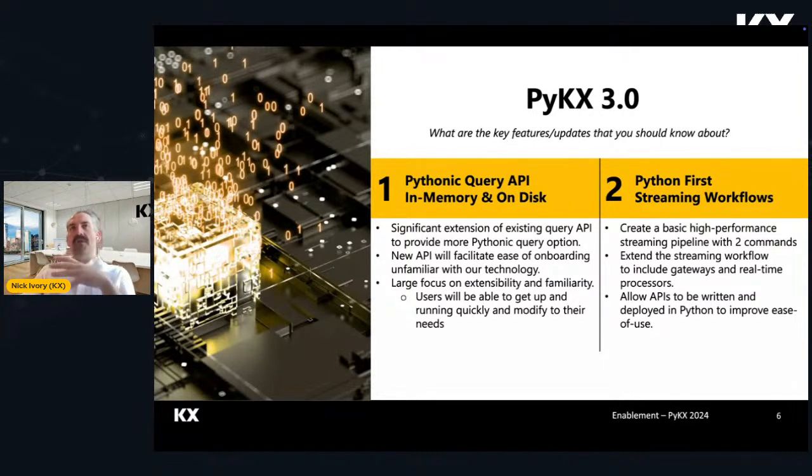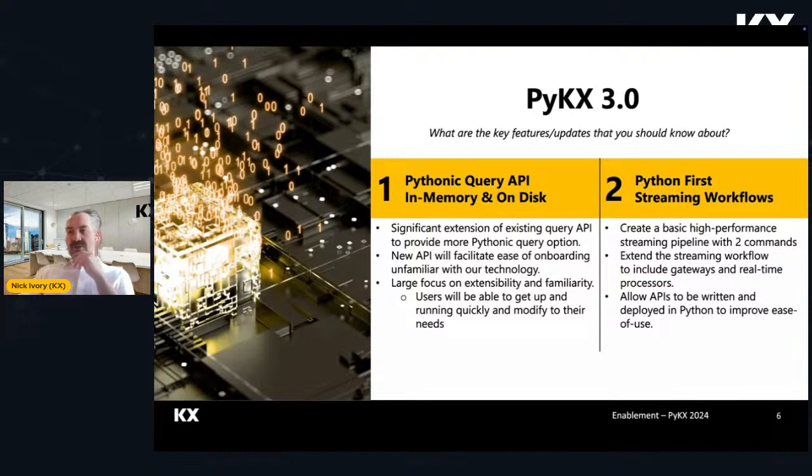This broadly unlocks the ability for Python users to get started interacting with tables faster than ever, and it offers yet another method of interacting with your data sets. So that's the first main feature. The second, and you'll see both of these in the demos, is Python first streaming workflows.